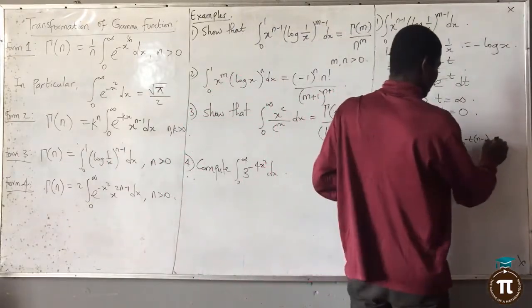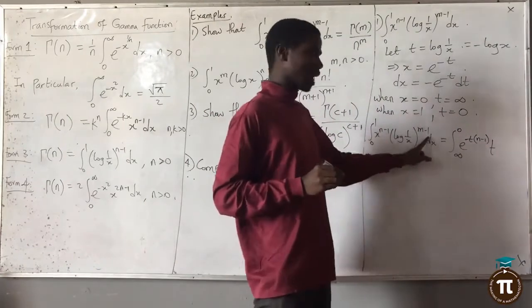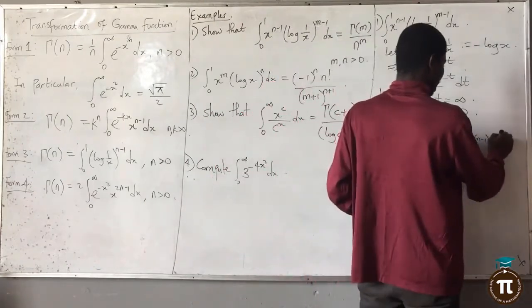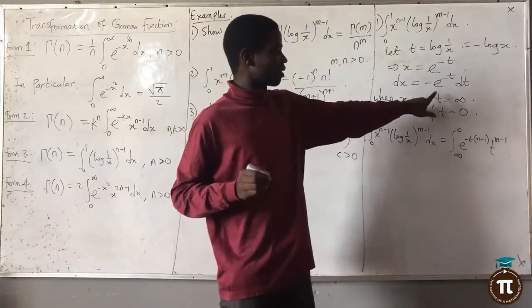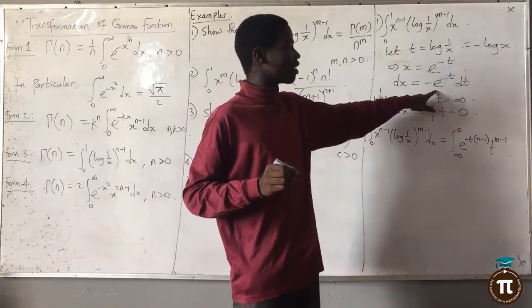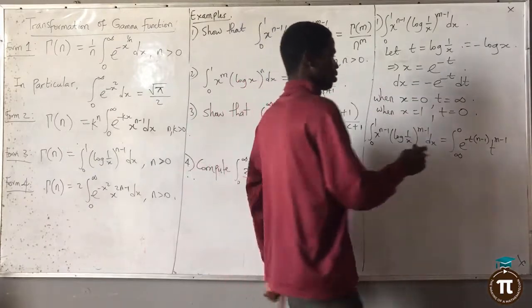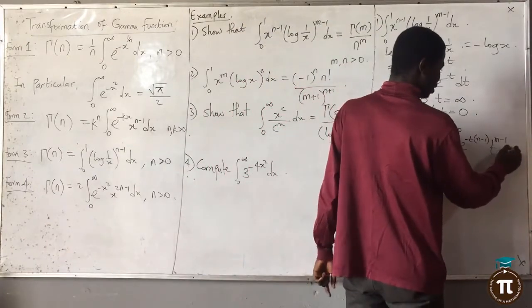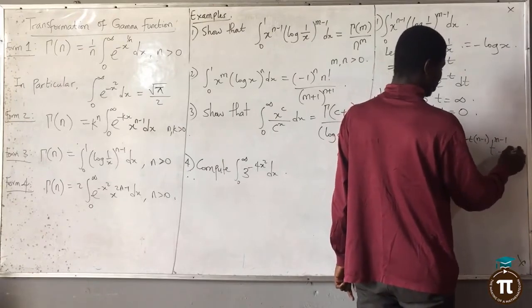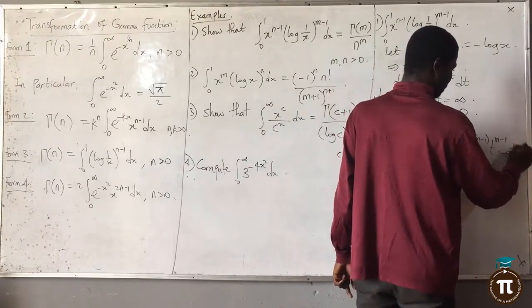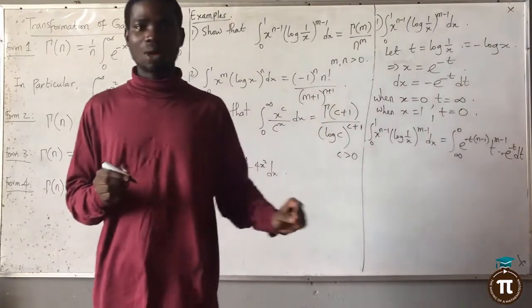I have t raised to the power of n minus 1 ds. ds is negative e raised to the power of minus t dt. So multiply by e raised to the power of negative t dt. That's what I'm going to have.